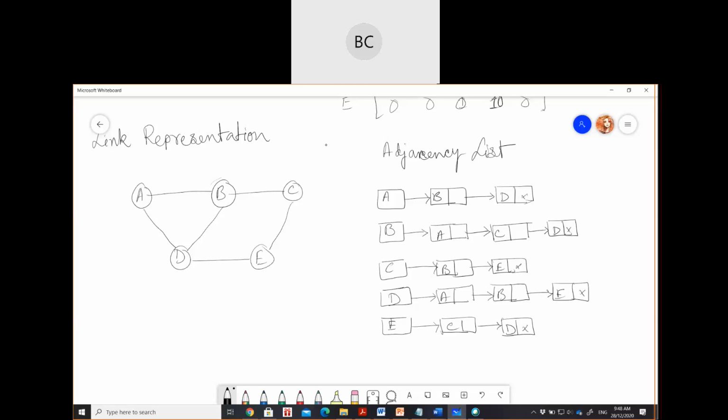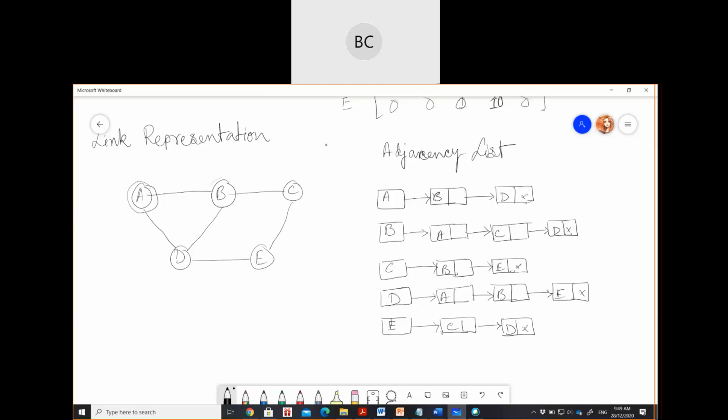If all the adjacent nodes are traversed, then you store None. So for A, what are the adjacent nodes? From A, you can go to B and D, correct? Instead of writing a plain list, you make it a linked list.